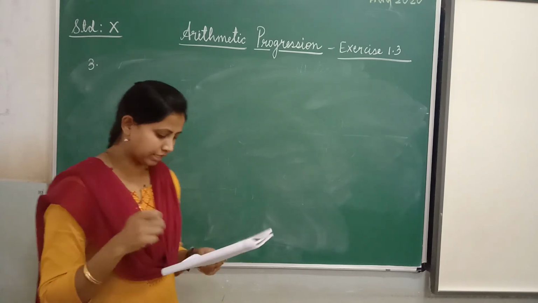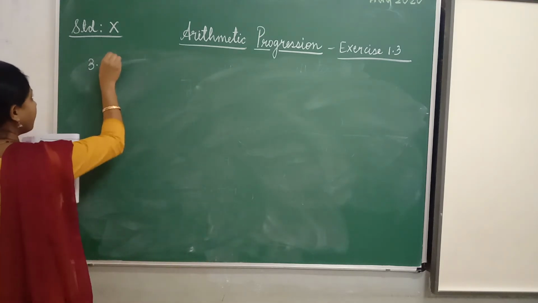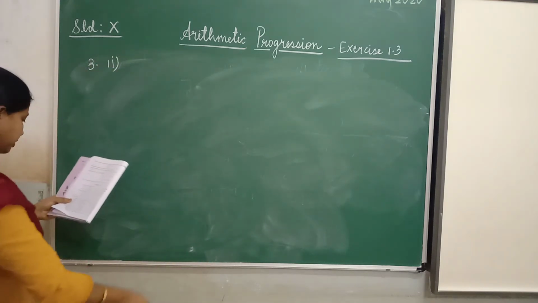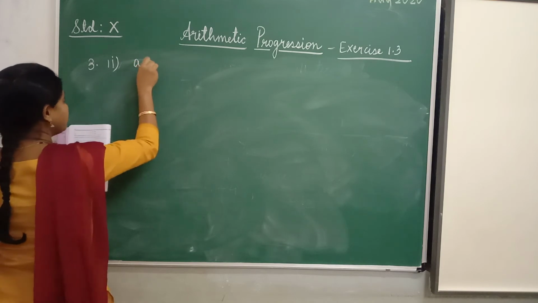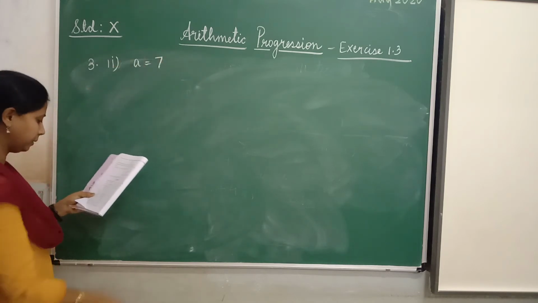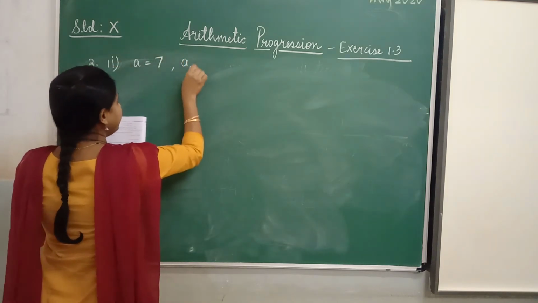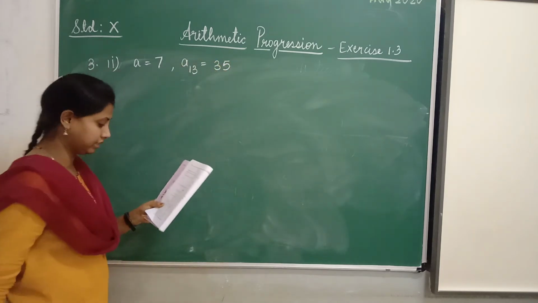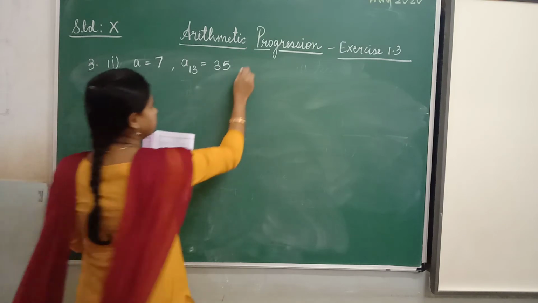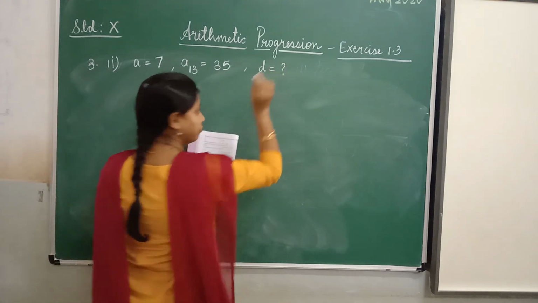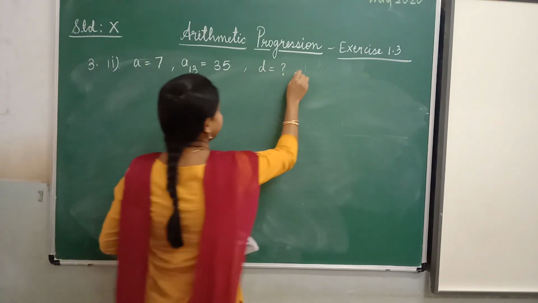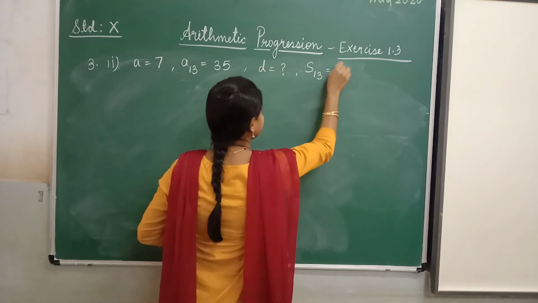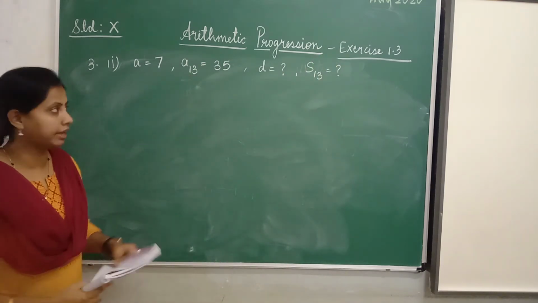So firstly I will take the second one. The question given is a is equals to 7 is given, a13 is given as 35. You have to find d and you have to find S13.